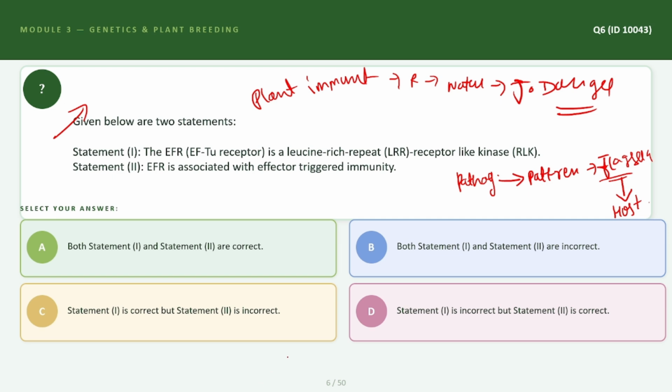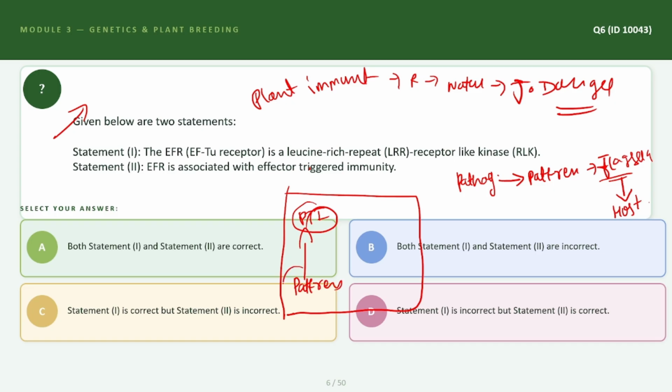Then there is pattern triggered immunity. If the pathogen patterns are recognized, the host will recognize the patterns of the pathogen, and then there is immunity in the host. So there is an increase in the immunity. But the pathogen produces effectors, then there is a decrease in the immunity.